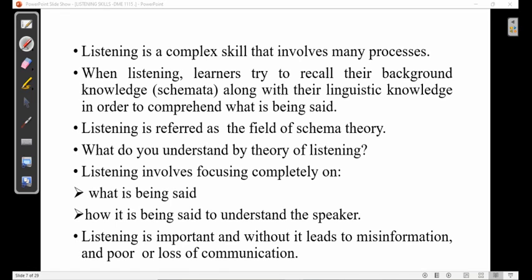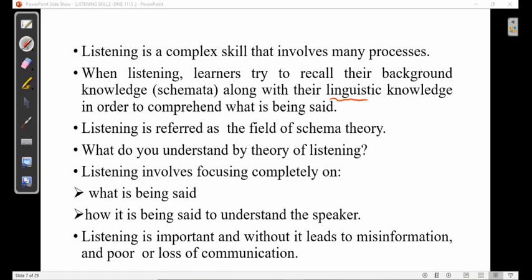So when listening, learners try to recall their background knowledge, that is schemata, along with their linguistic knowledge. So this is just knowledge of the language in order to comprehend what is being said. So when someone is speaking, you are recalling some things which you already know together with your understanding of the language, because in one language one word or one phrase might not mean the same as in another language.